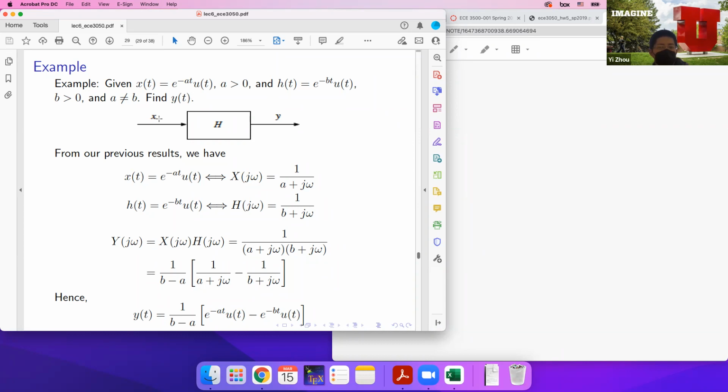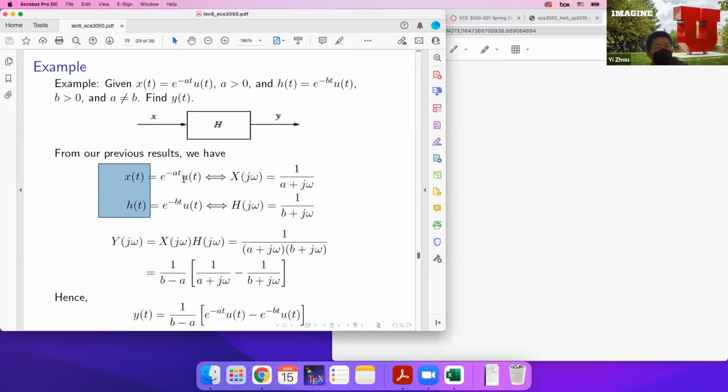Here we can do it in the frequency domain by avoiding the convolution. The idea is to leverage the system equation in the frequency domain. So this is the system equation in the frequency domain. To evaluate the spectrum of the output signal, in the first step we need to figure out the spectrum of the input and the system impulse response, respectively. So the first step is to calculate the Fourier transform for both the input and the system response.